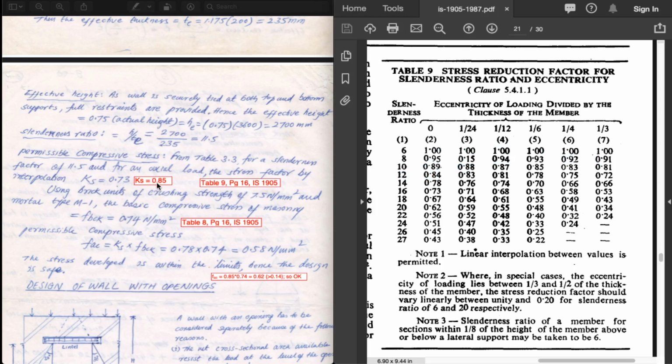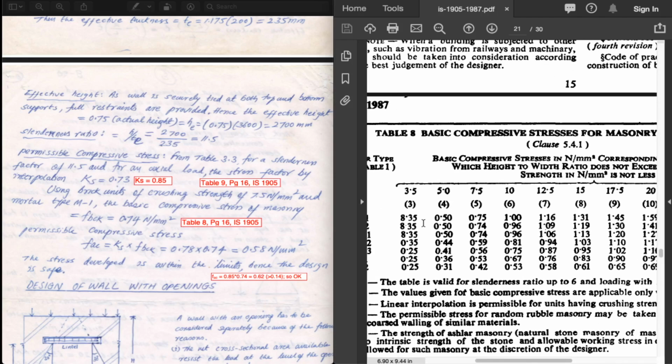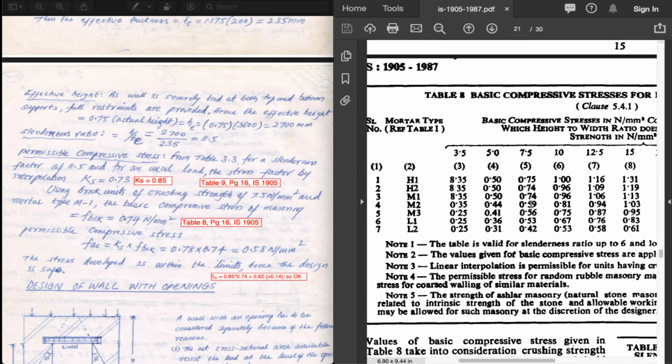For brick masonry of 7.5 Newton per mm square crushing strength and M1 type mortar, the basic compressive stress is 0.74, the value you get from table 8.